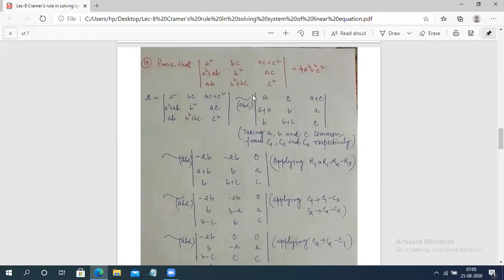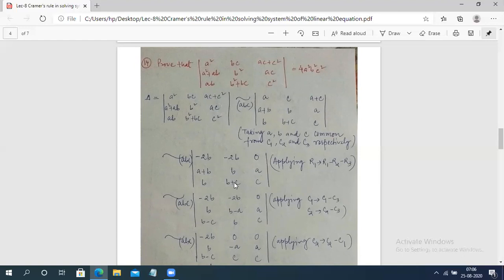Then what will happen? a minus a plus b minus a plus b, that is a minus b, and then again minus b. So you will have minus 2b. Second, c minus b minus b minus c. So you will have minus 2b. a plus c minus a minus c. So you will have 0. We are transforming only the first row. So there is a change in the first row. Second row, third row will remain the same.